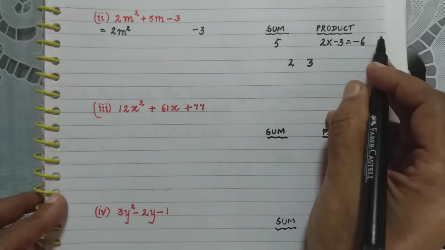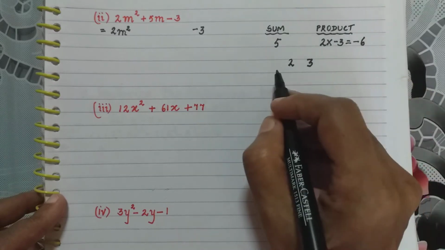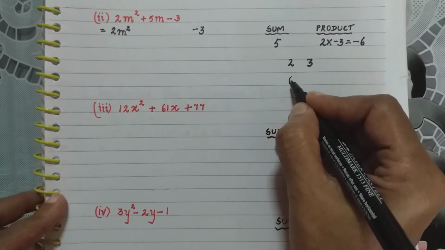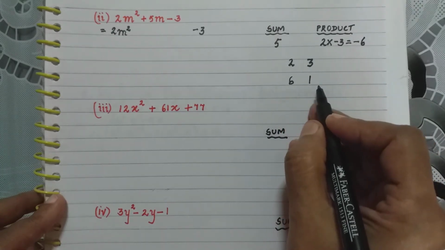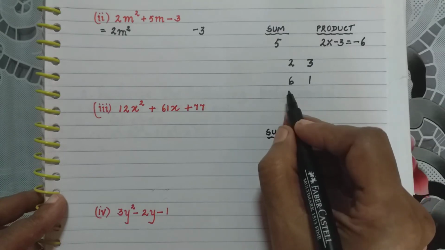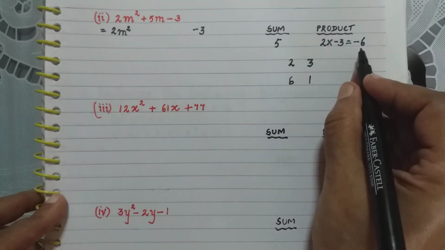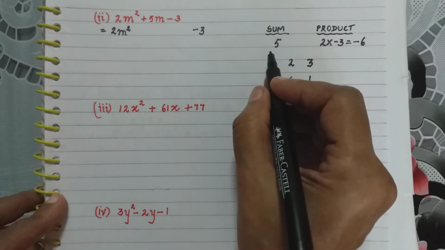Now which other pair of factors do I have for 6? 2 and 3 is one. 6 and 1 are also factors of 6. So let me write 6 and 1. If 6 and 1 are the factors, the sign of the product is minus, so one of them should be minus. Now we look at the sum.